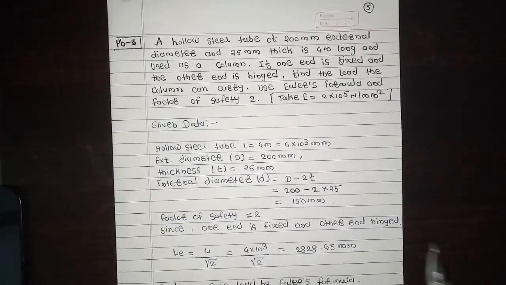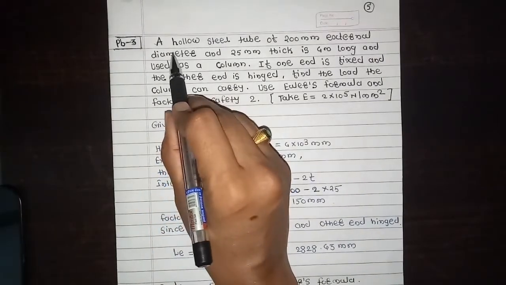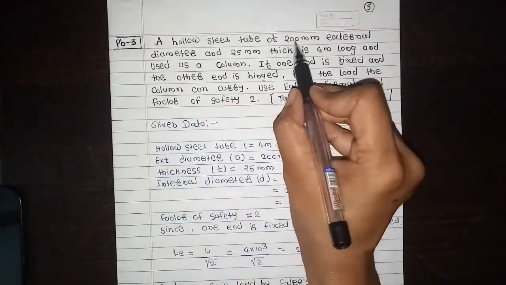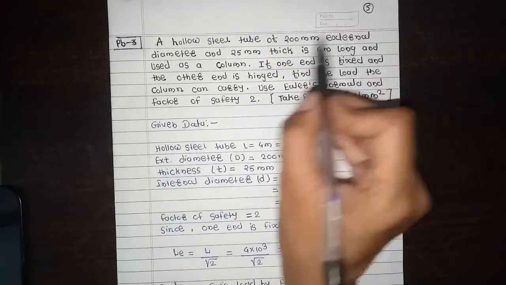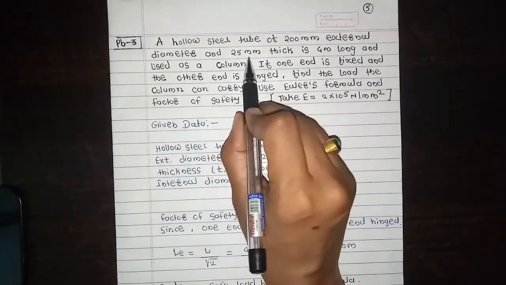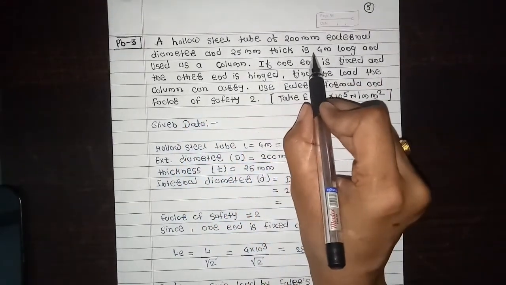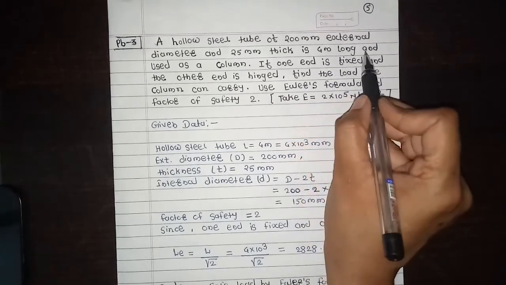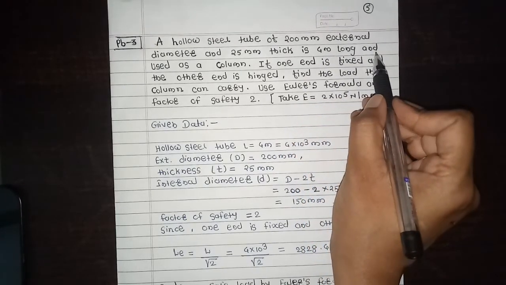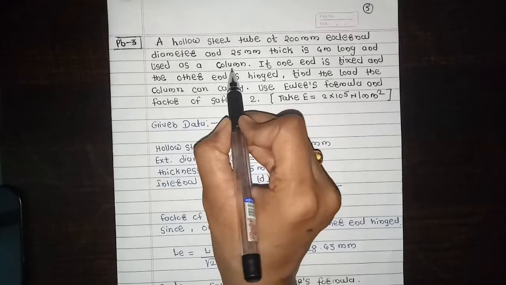Then we will see the next, third numerical. A hollow steel tube of 200 mm external diameter and 25 mm thick is 4 meter long and used as a column.